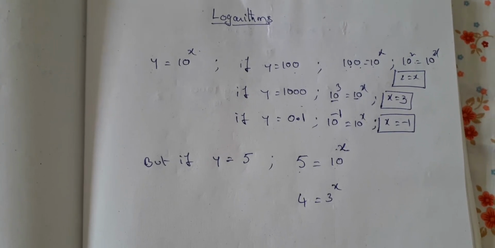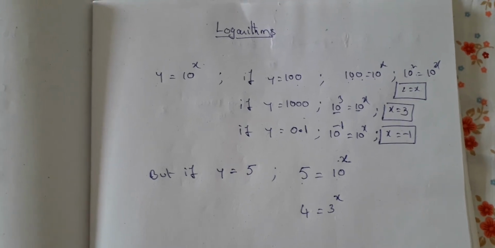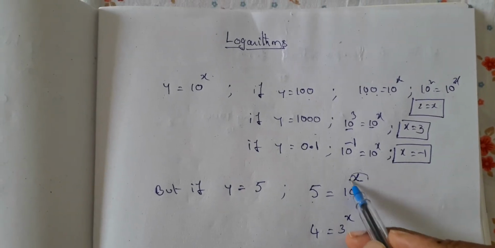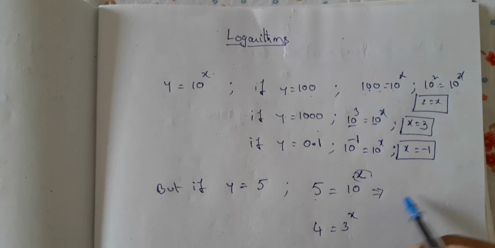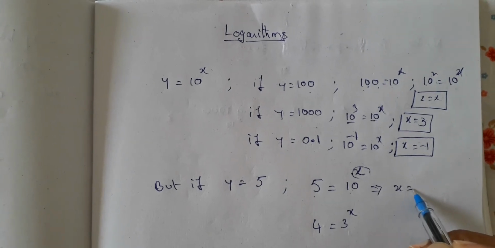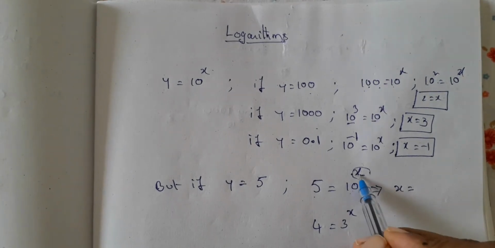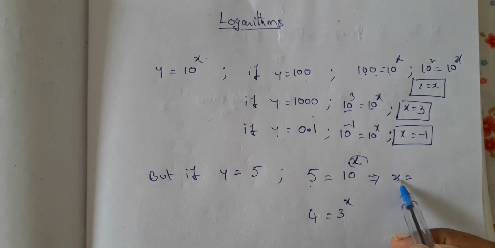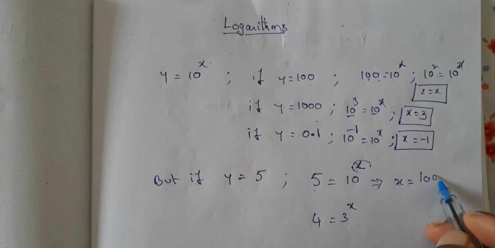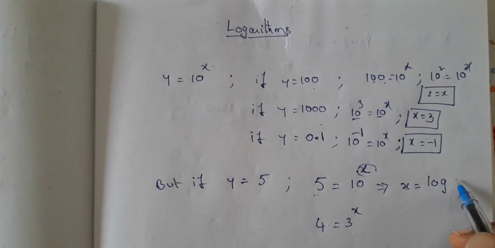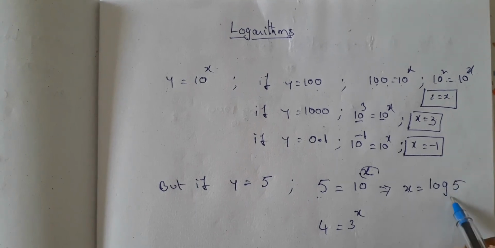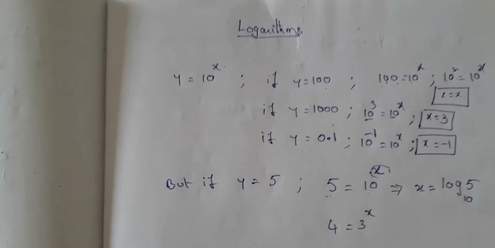You know how it is defined. A logarithm is defined like this. Suppose you have to find x, then x is defined in such a manner that x is equal to log 5, whatever you have on the LHS, that is 5, to the base 10.